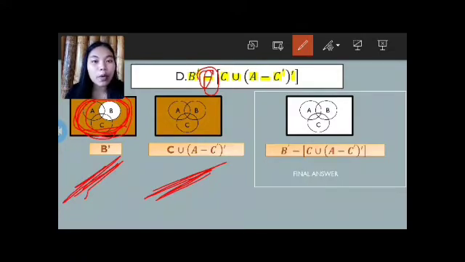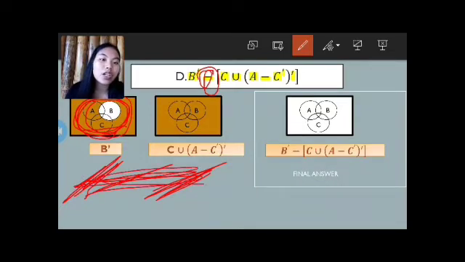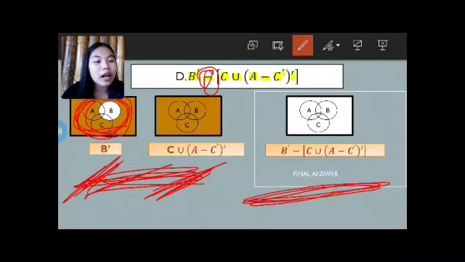So we will carefully look at the two Venn diagrams. So there is no shaded part. So this is our final answer.